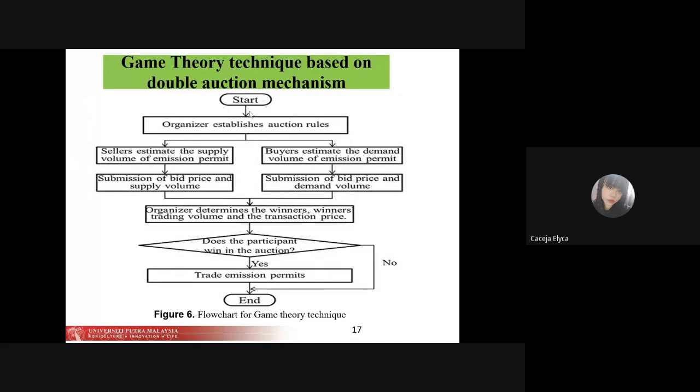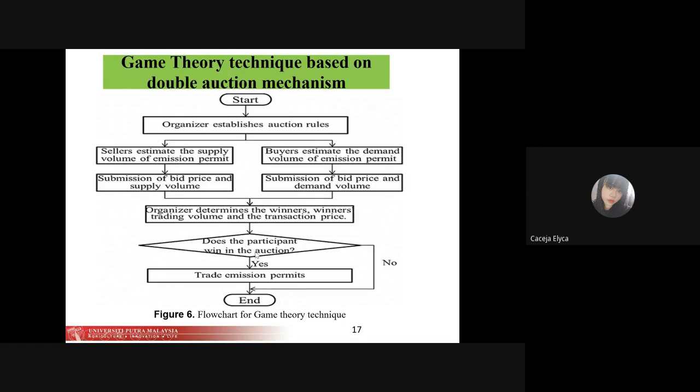In terms of the flowchart of the algorithm, here we have start, and the organizer establishes an auction rule. Then the seller estimates the supply volume of emission permit and submits the bid price and supply volume. The buyer also estimates the demand volume of emission permit and submits the need. Then the organizer, which is the app, determines the winner, the winner's trading volume, and the transaction prices.